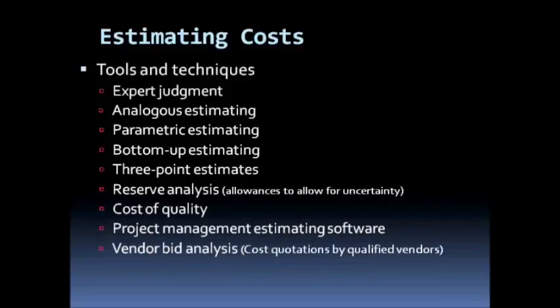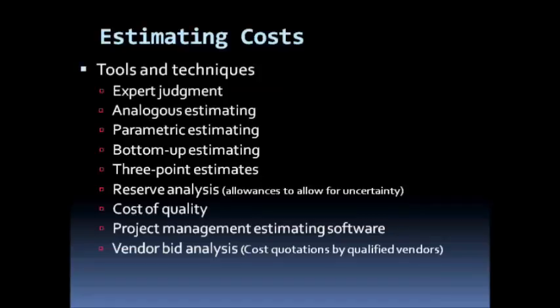And just like in estimating durations, we could make use of the same estimating techniques like expert judgment, analogous estimating, parametric estimating, bottom-up estimating, 3-point estimates, and reserve analysis. Then when it comes to cost, we should think of the cost of quality also.